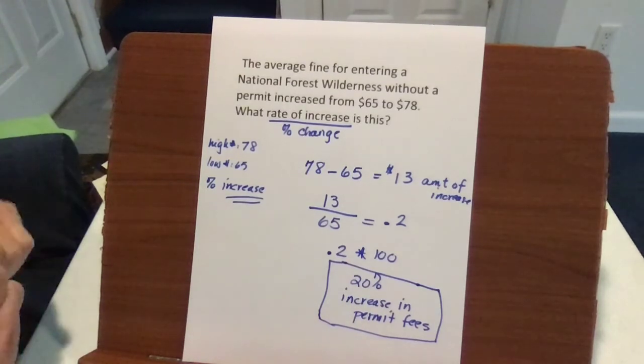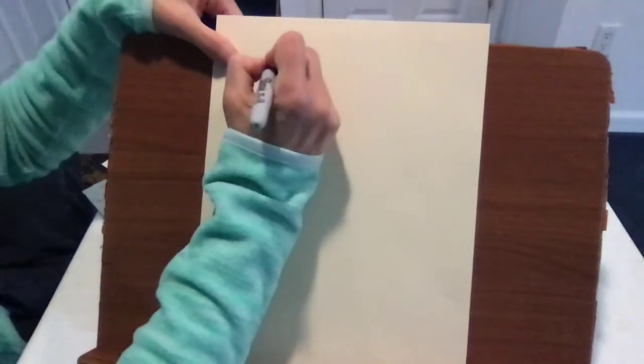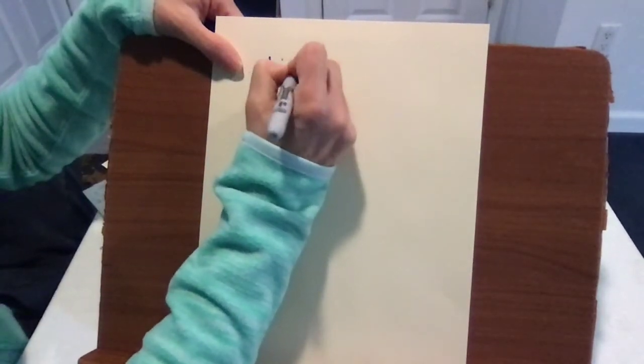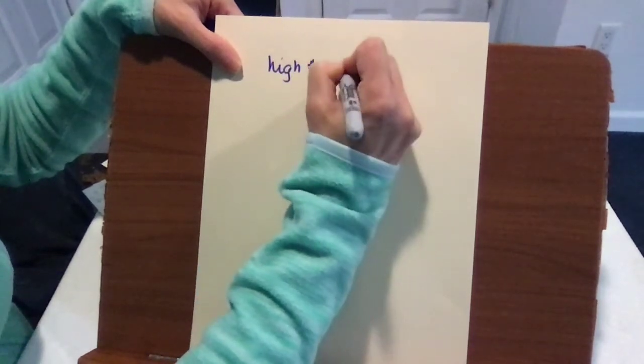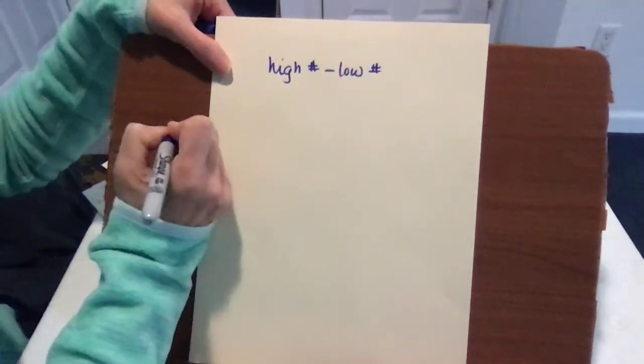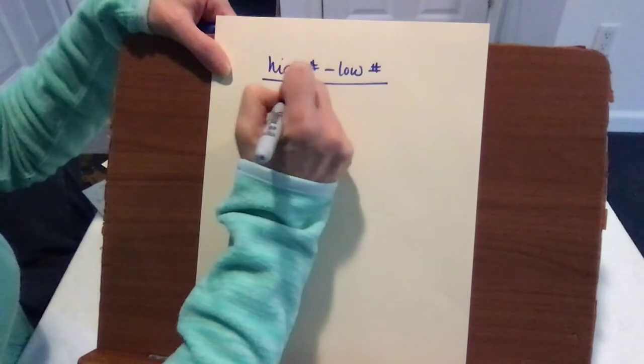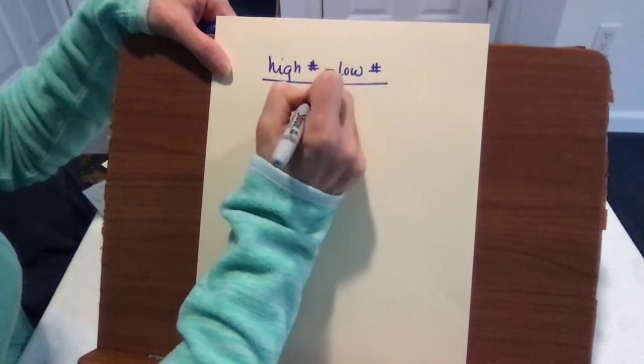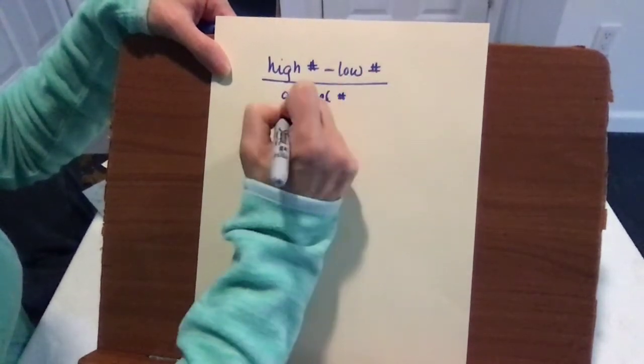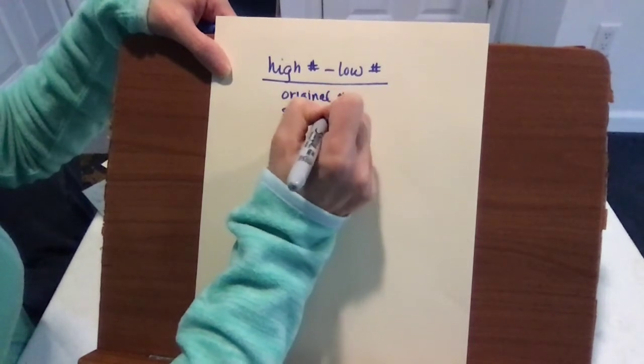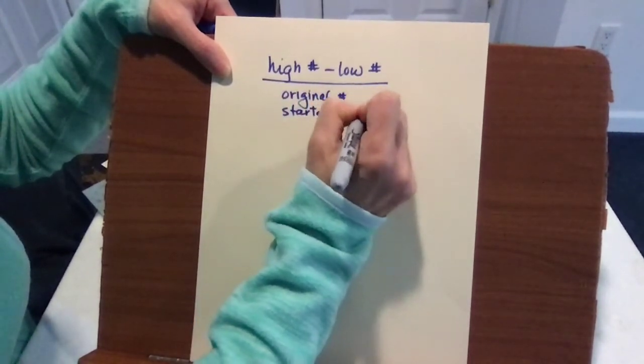So as a quick recap, you always do the high number minus the low number, divided by the original number that you started with, before the change.